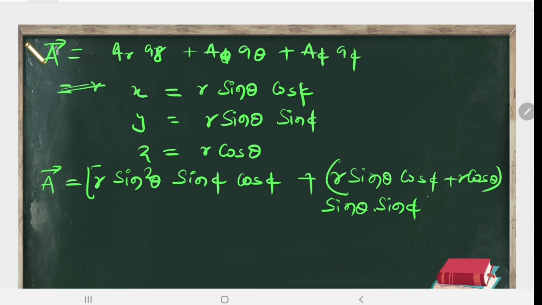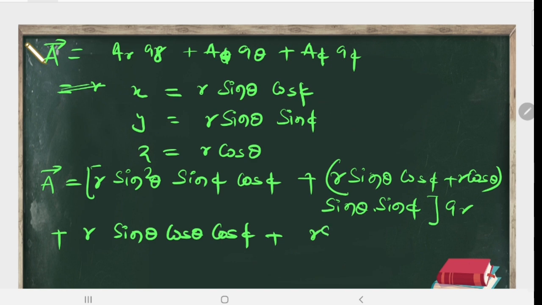This is the A r component. Then the theta component is r sin theta cos theta cos phi plus this term r sin theta sin theta cos phi plus cos theta into cos theta sin phi.